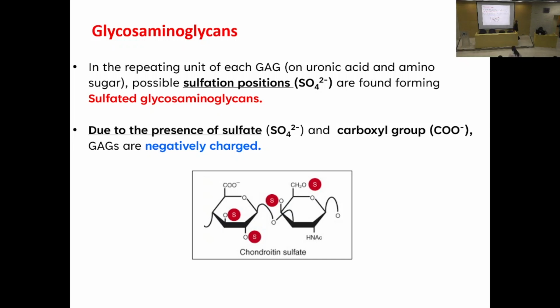The presence of the carboxyl group here gives a negative charge, and the presence of the sulfate group, which is SO4 minus, is also negative.